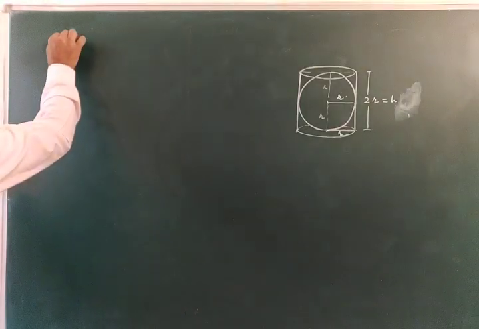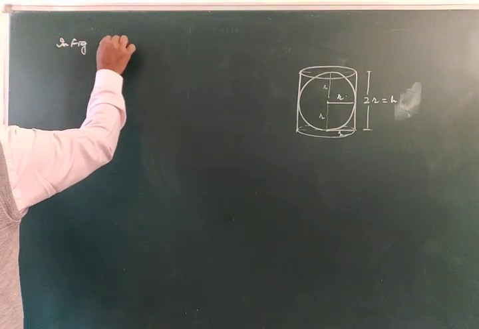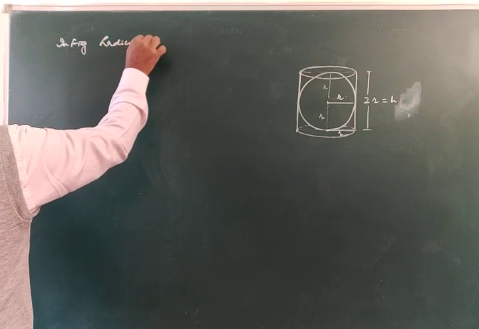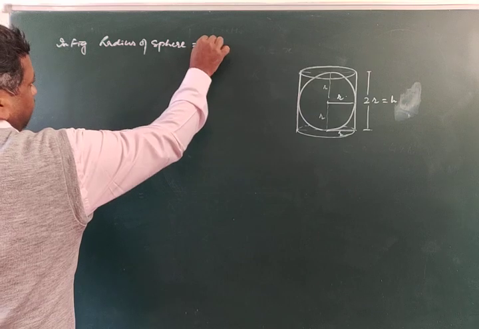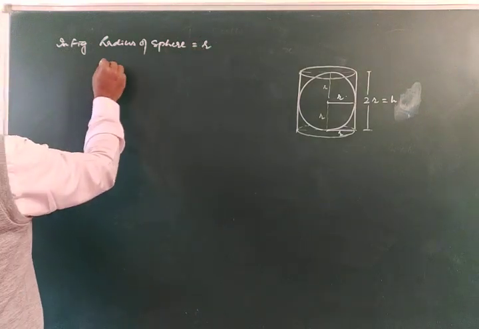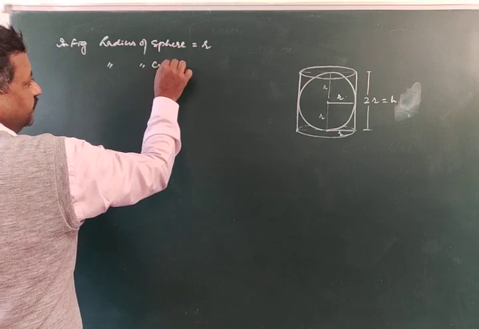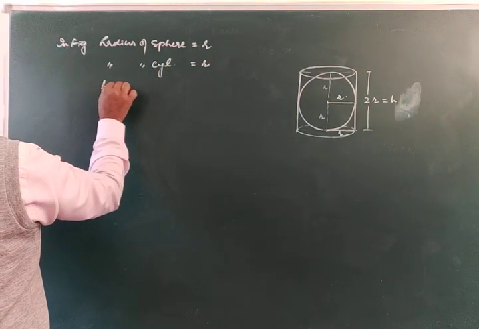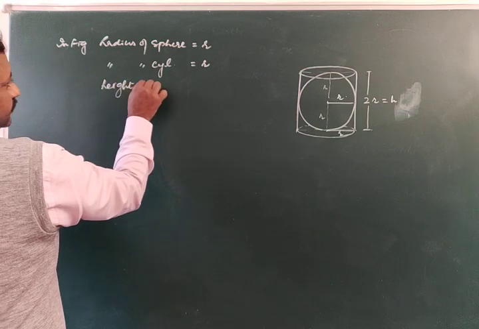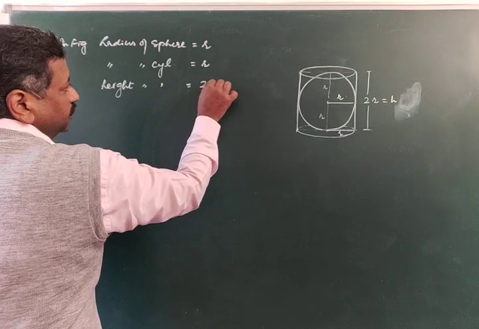So in figure, radius of sphere, that is r, radius of cylinder, that is also r, height of cylinder, that will be 2r.